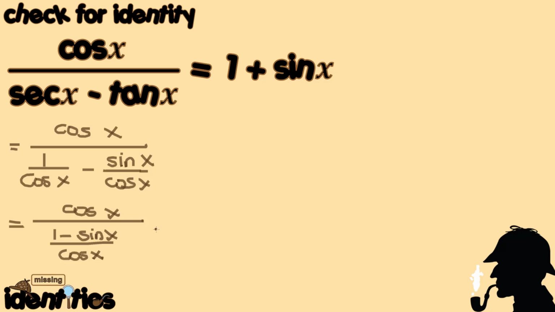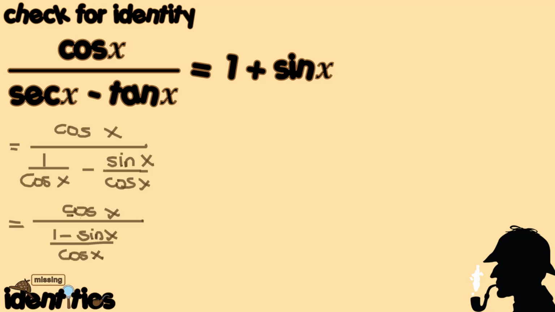Now with this, probably we're looking for 1 plus sine x, but we have here 1 minus sine x, and the cosine x and cosine x are just very simple. So that's an indication that we could look for another algebraic process that will allow us to come up with an identity. But first, this is a term, and we have here a rational expression.